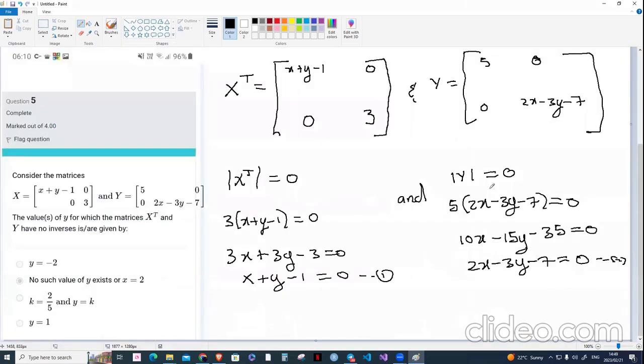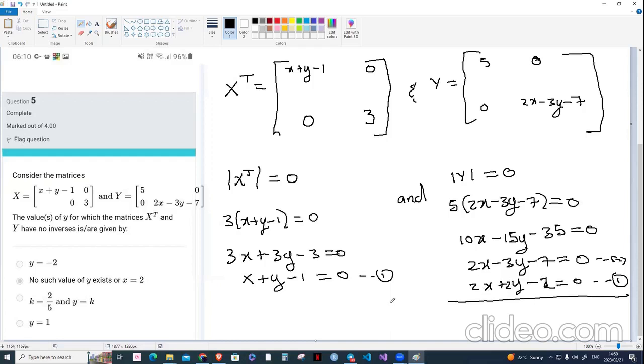So the first thing I'm going to do here, I'm just going to take this one and put it here: x plus y minus 1 is equal to 0. Equation 1. And then, because I want to use elimination, I'm just going to multiply everything by 2 here. So it's going to be 2, 2, 2.